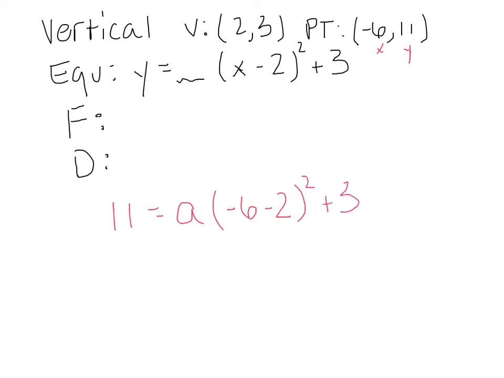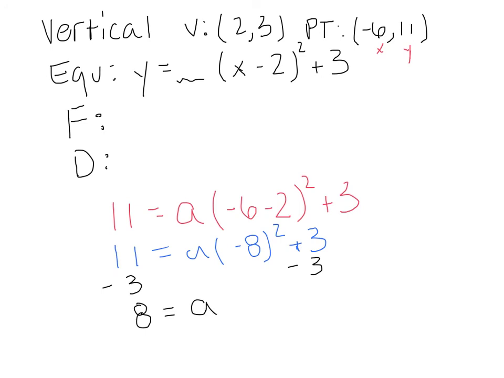We can use our basic solving skills in order to figure this out. So this says that 11 equals a times negative 8 squared plus 3. I'm going to move that 3 to the other side, so I'm going to subtract 3 from both sides. So 8 equals a times 64.